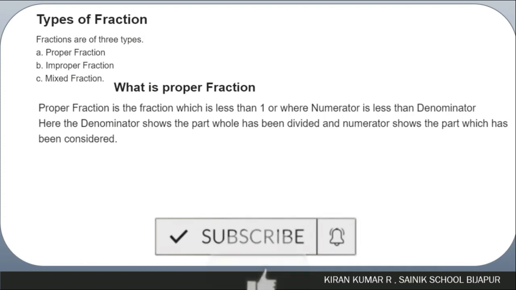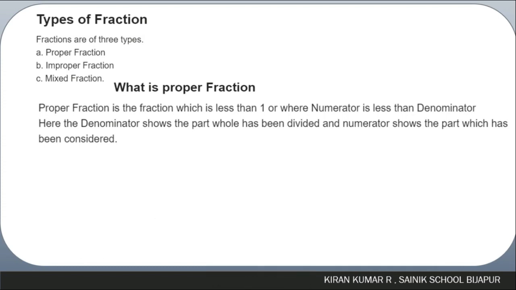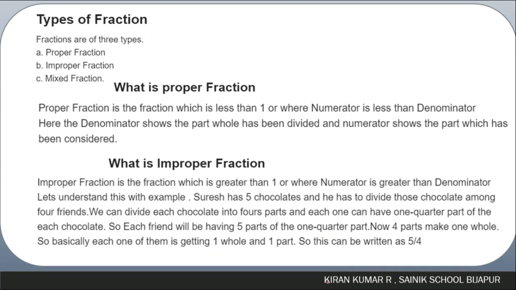Here the denominator shows the parts into which the whole has been divided, and the numerator shows the part which has been considered. What is an improper fraction? An improper fraction is a fraction which is greater than 1, or where the numerator is greater than the denominator. Let's understand this with an example.